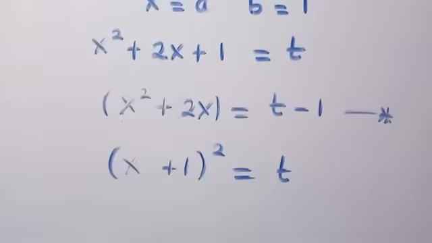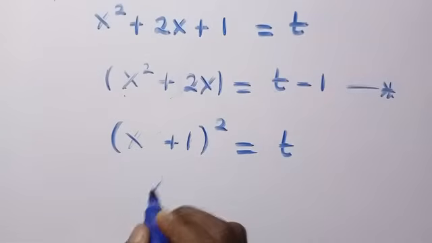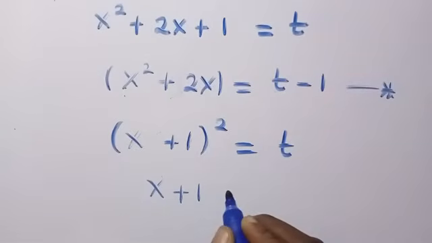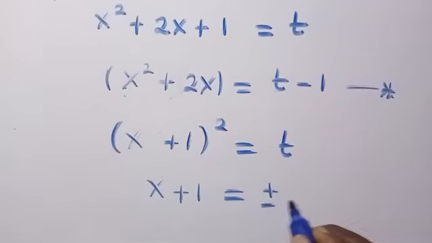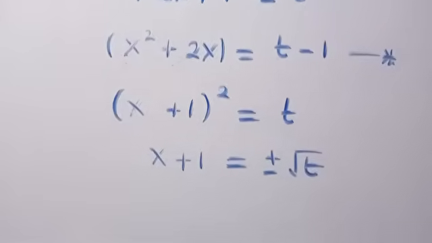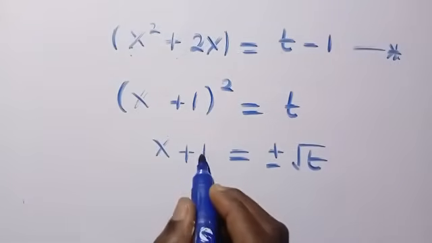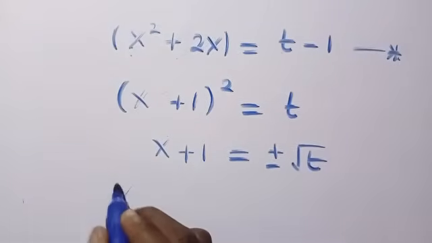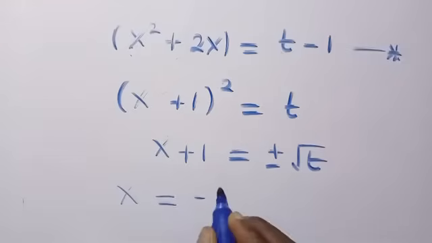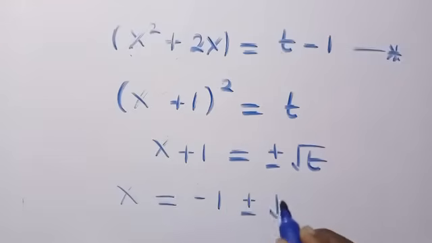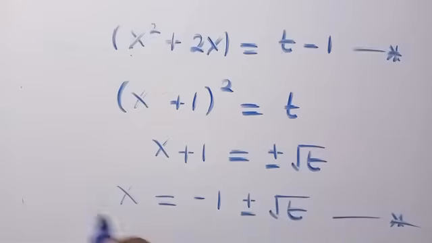By taking the square root of both sides, we introduce plus or minus here, as we have x plus 1 equals plus or minus the square root of t. Then, by transferring 1 to the other side, we have x equals minus 1 plus or minus the square root of t. This is what we have for x as the subject of the formula.